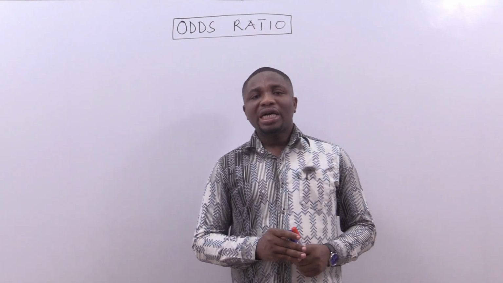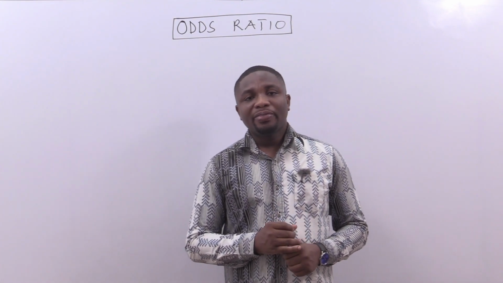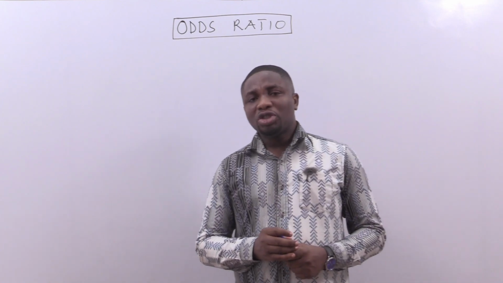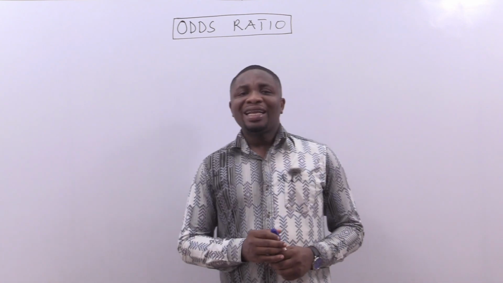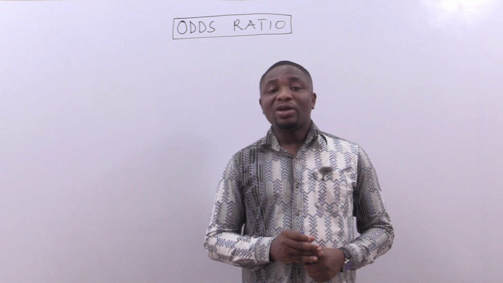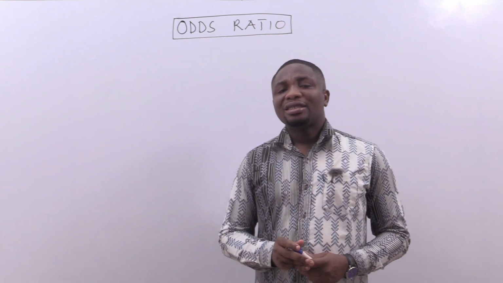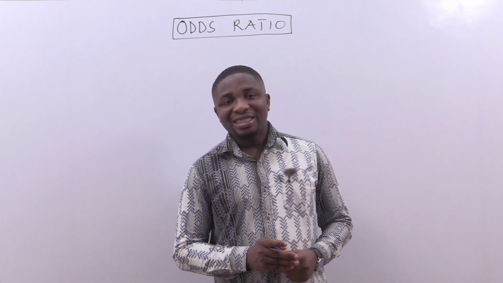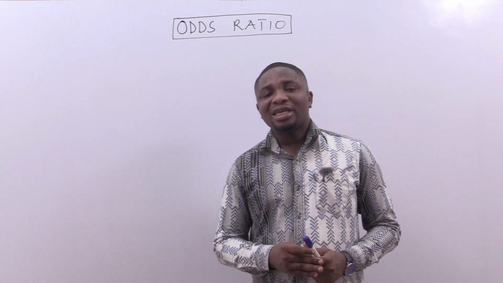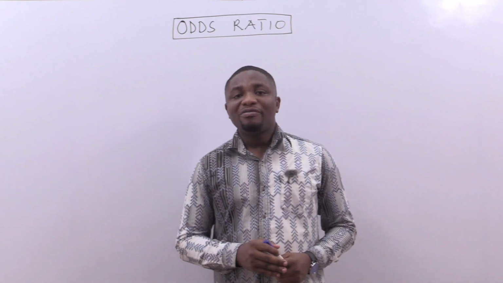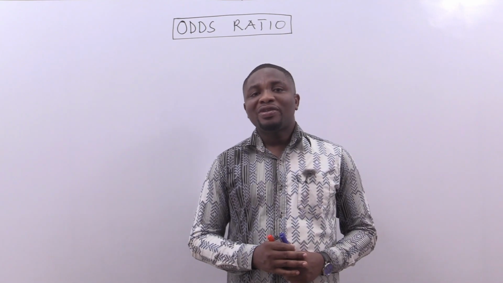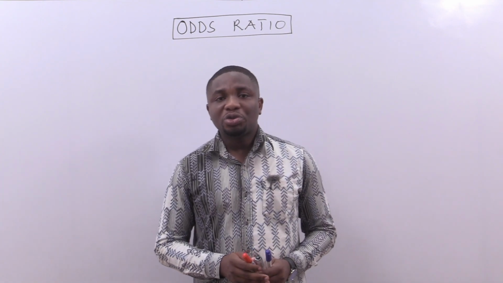For odds ratio, it is used mostly in case control studies, which we'll be talking about later, but that doesn't rule out the fact that it can also be used in cohort studies and cross-sectional studies, provided some modifications and assumptions have been made. Okay, let's move ahead and look at the formula of odds ratio.